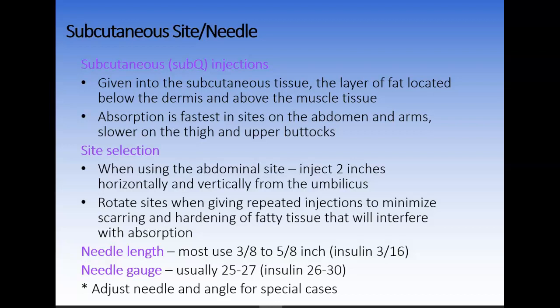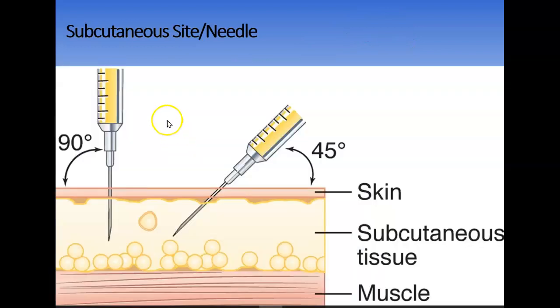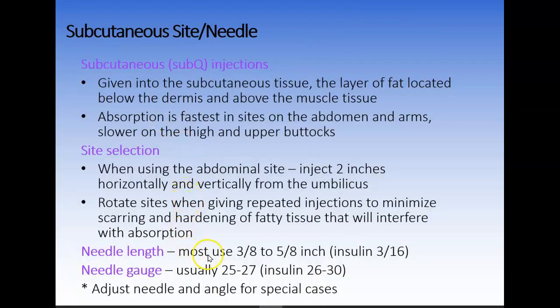So you're going to stay away from the umbilical area, and you're going to rotate sites whenever possible because you don't want any scarring or hardening that can happen with constant injection. So you do rotate your sites. You're going to want a shorter needle, and the gauge is going to be very small.